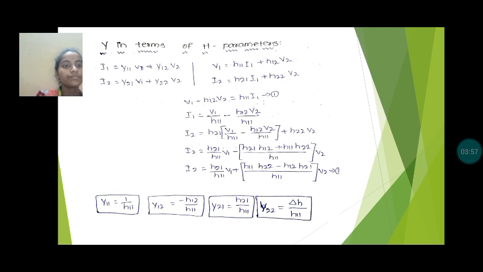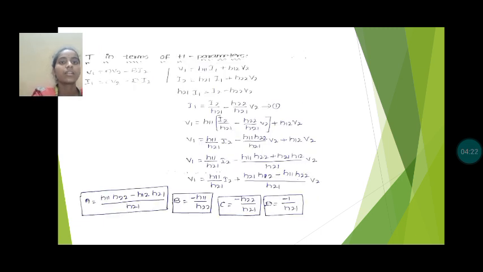This is equation 2. Compare both equation 1 and equation 2. Here are the formulas. Y11 equals 1 by H11. Y12 equals minus H12 by H11. Y21 equals H21 by H11. Y22 equals delta H by H11.